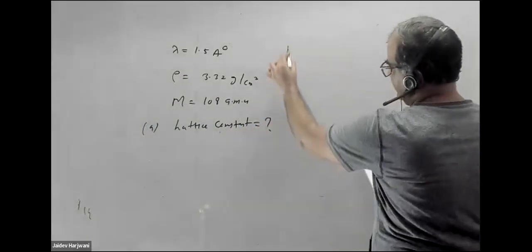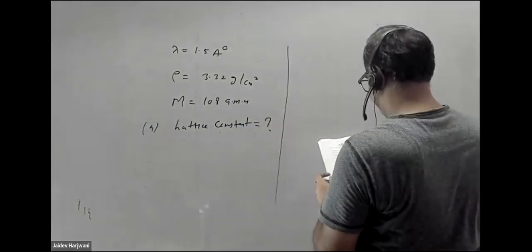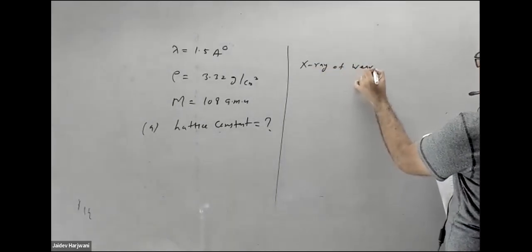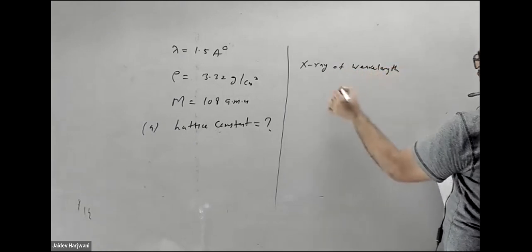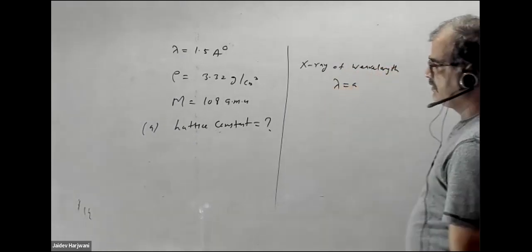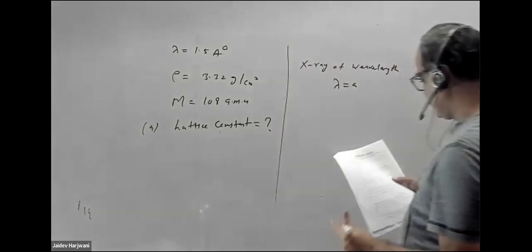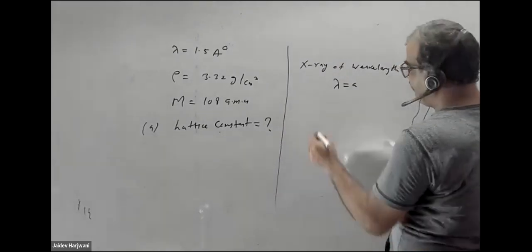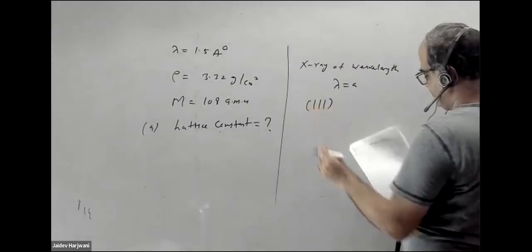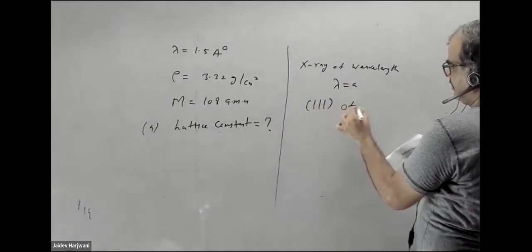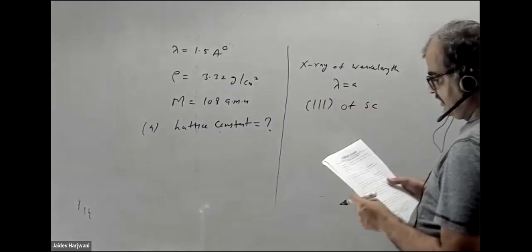Once you know the lattice constant, the second question is asking: X-ray of wavelength lambda equal to A. So the same order as the A you found in this question, the X-rays are reflected from one plane of a simple cubic lattice.